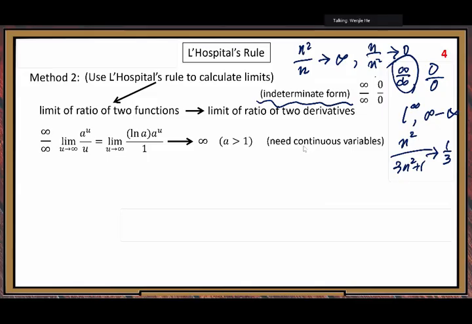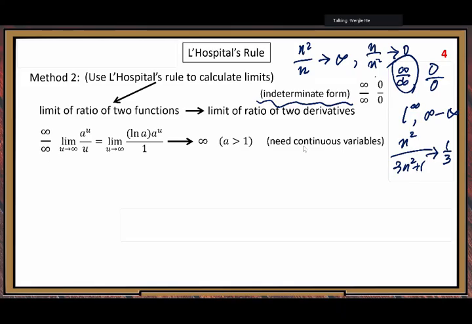And in this calculation, there is actually a potential problem we need to consider: the variable type, because we need to take derivatives on two growth functions.